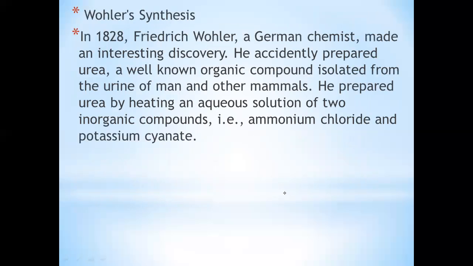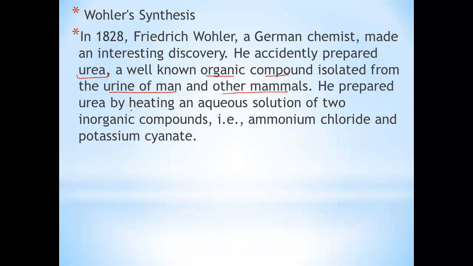But in 1828, Friedrich Wöhler made an interesting discovery. He accidentally prepared urea, a well-known organic compound that is isolated from the urine of man and other mammals.